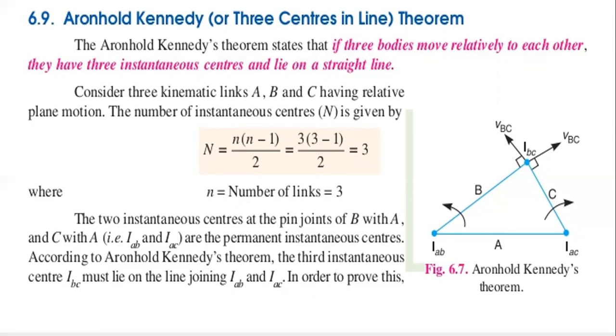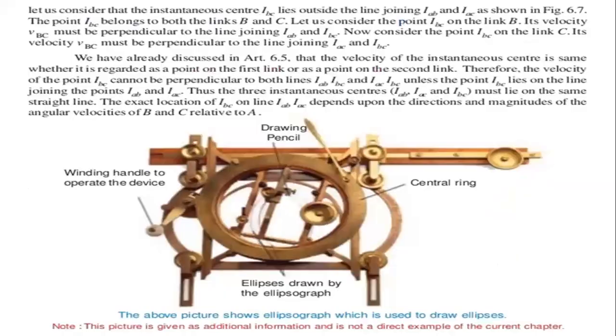So that is of the two links, that is with respect to B and with respect to C. Then we are considering these two links in the same body, that is IAB and IBC.